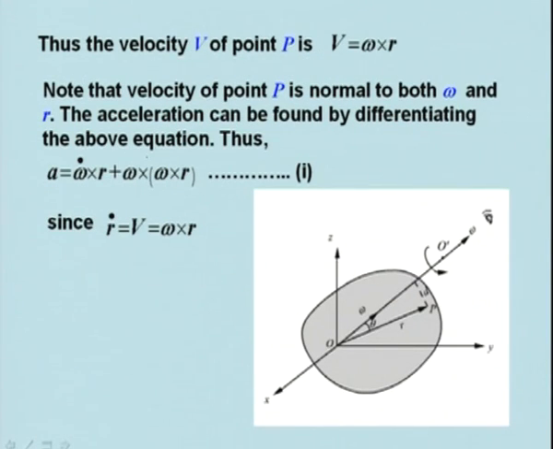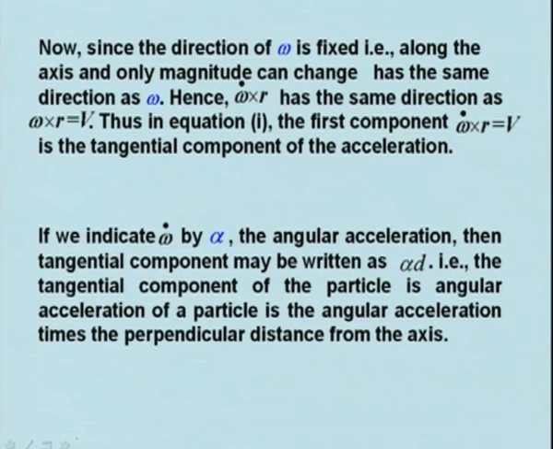Therefore omega dot cross r has the same direction as omega cross r, which is equal to v. Thus, in the equation, the first component, omega dot cross r, which can be written as alpha cross r, is along v, the tangential component of the acceleration.